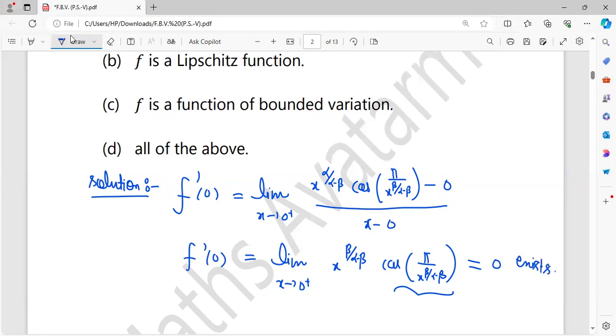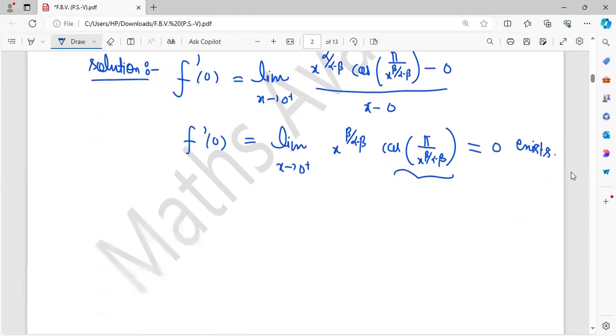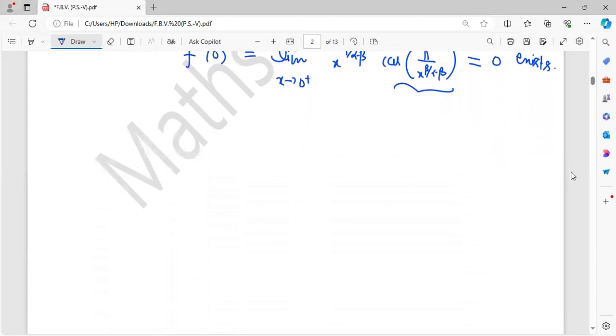Now, what about if x is not 0? Then what will happen? If x is nonzero, then f is x to the power alpha upon alpha minus beta cos of pi upon x to the power beta upon alpha minus beta.